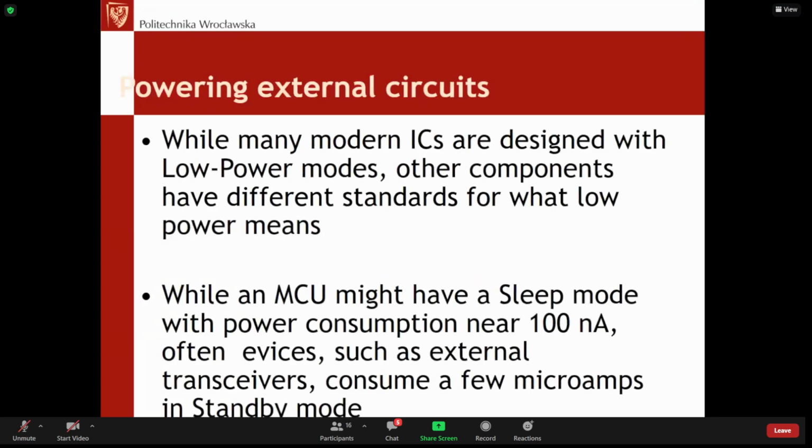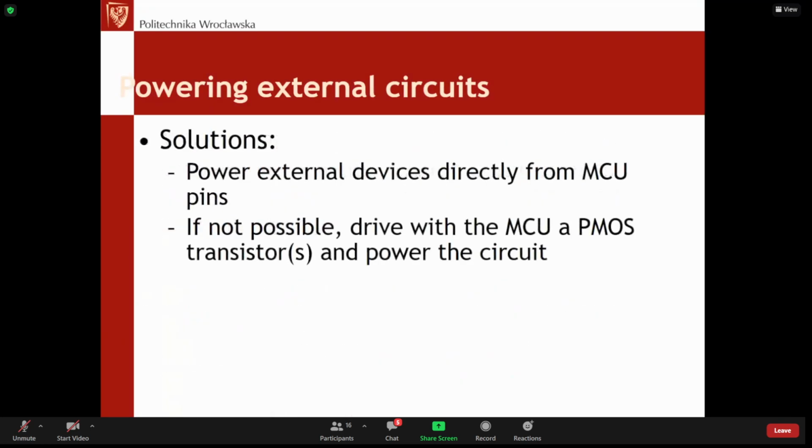And the second important thing is powering external circuits in an embedded system. Here, of course, we had it during your projects.